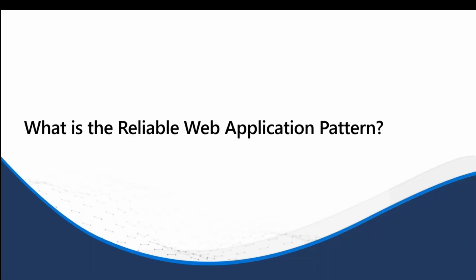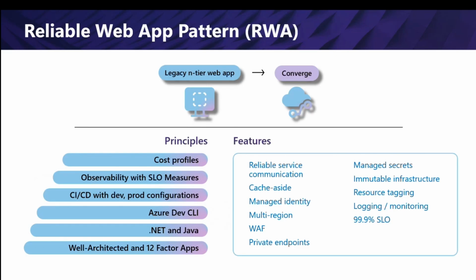The first pattern that was delivered through this initiative was called the reliable web app pattern. This pattern is specifically geared towards those line of business applications that are on-prem looking to go out to the cloud. It's really that customer's desire to converge on the cloud. We try to target those on-premise line of business apps where we want to make sure we have minimal code changes.